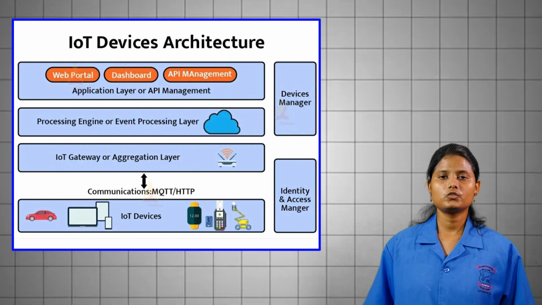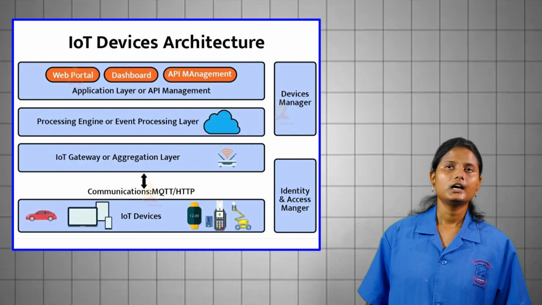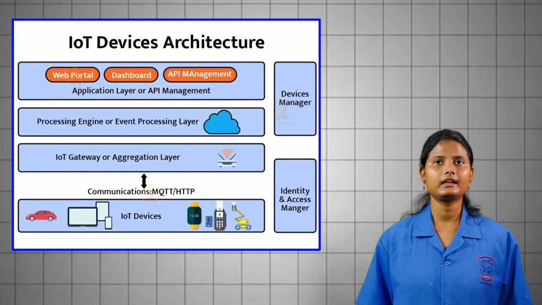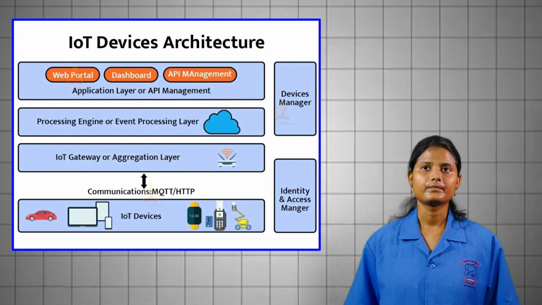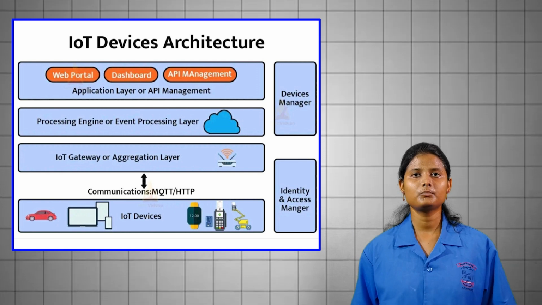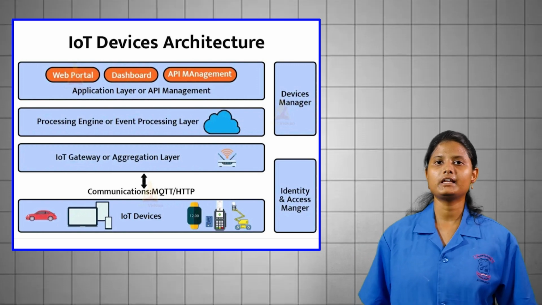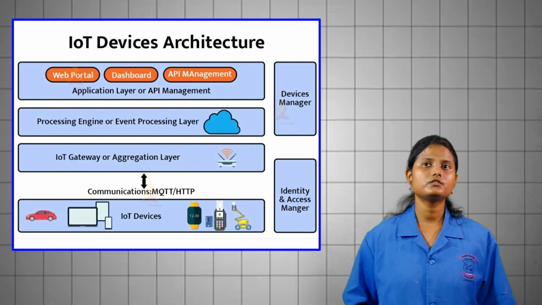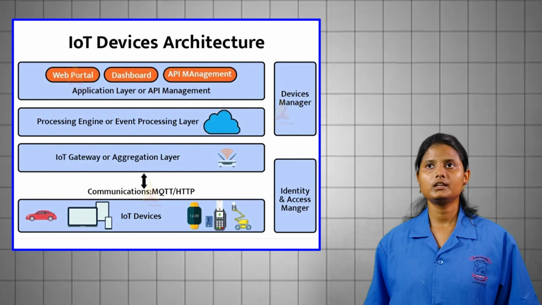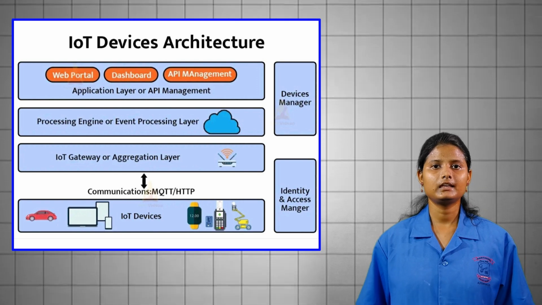The data stored in cloud computing is the best example for the dashboard, and API management is the gateway of the aggregation layer and its process. Next, HTTP and IoT devices are of main importance in IoT architecture. Hypertext markup languages are very important for the IoT architecture. It is all stored in a device manager and identity access manager, IAM.